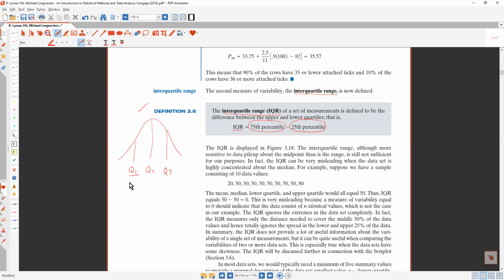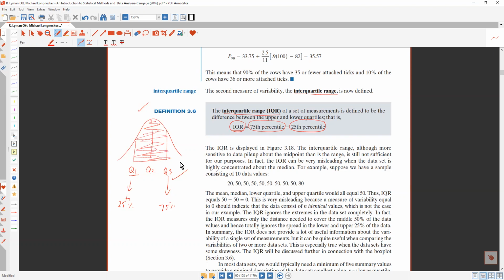The first quartile is at the 25th percent, and this is at the 75th percent. The interquartile range takes the 75th percentile, whatever that score is in the data, minus the 25th percentile. So notice that the interquartile range is trying to focus on this area of the distribution.